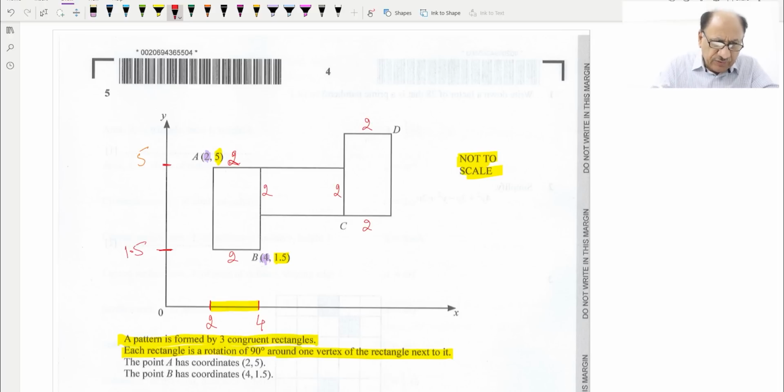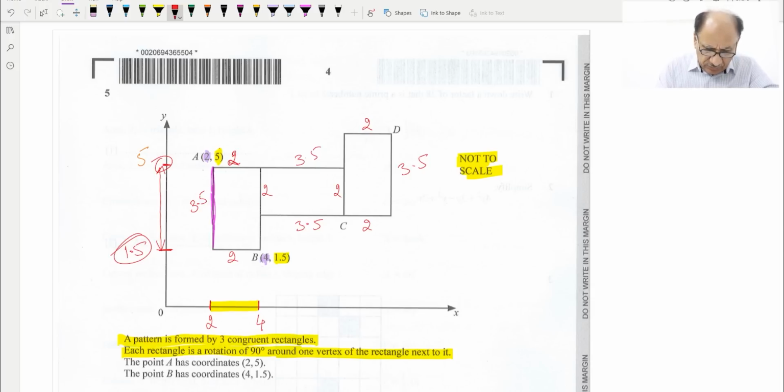If we check this gap, this difference is 5 minus 1.5, so from this point to this point it is 3.5, so this side is 3.5, this side will be 3.5, and all lengths of the rectangle will be 3.5, as I have indicated.